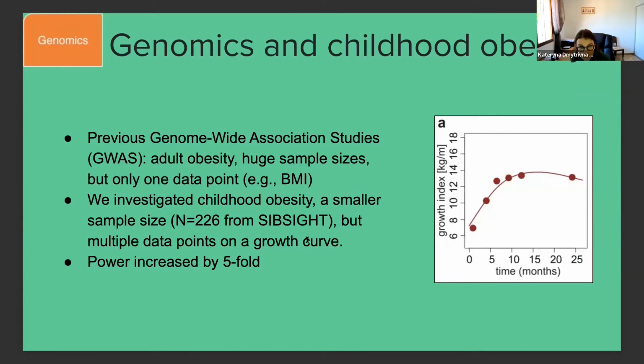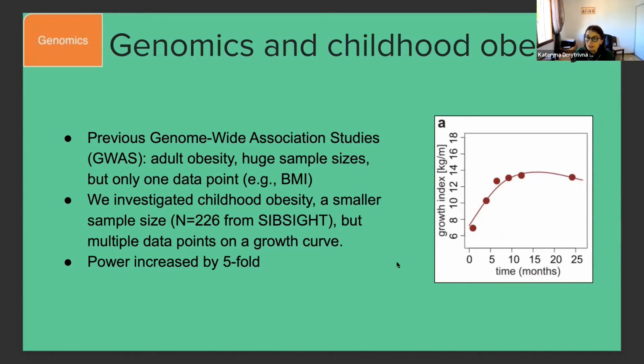And the previous genome-wide association studies studied adult obesity. They used huge sample sizes, but frequently only one data point, such as BMI at a certain age. What we did here is we investigated childhood obesity, and we used a small sample size, only 226 individuals, but we used multiple data points on a growth curve using the functional data analysis.